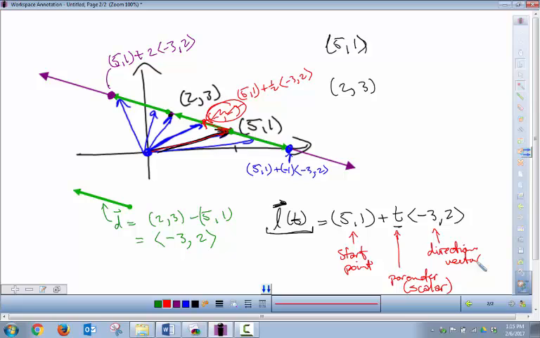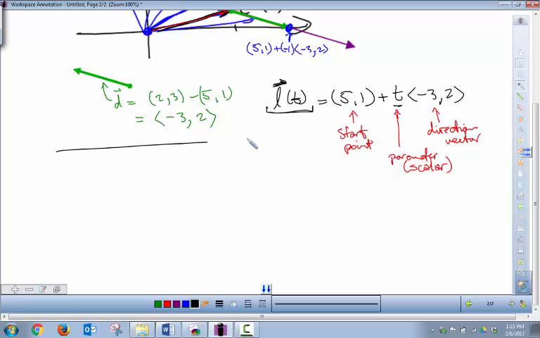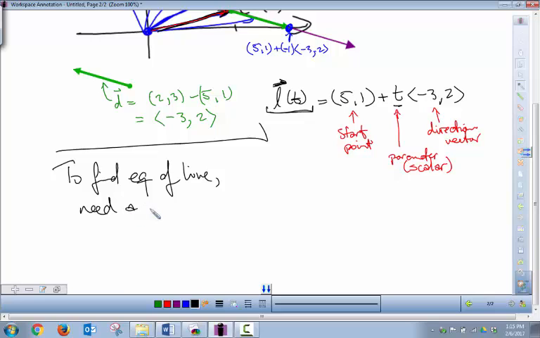We can think about the direction as kind of like the slope, and then we can think about the starting point as a point in a direction, which, by the way, is going to be what we want. So define equation of line. We need a point and direction.